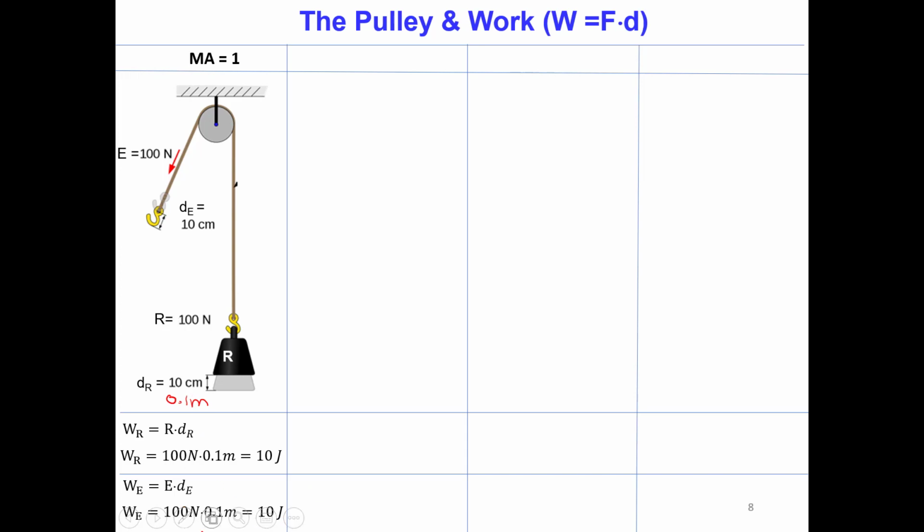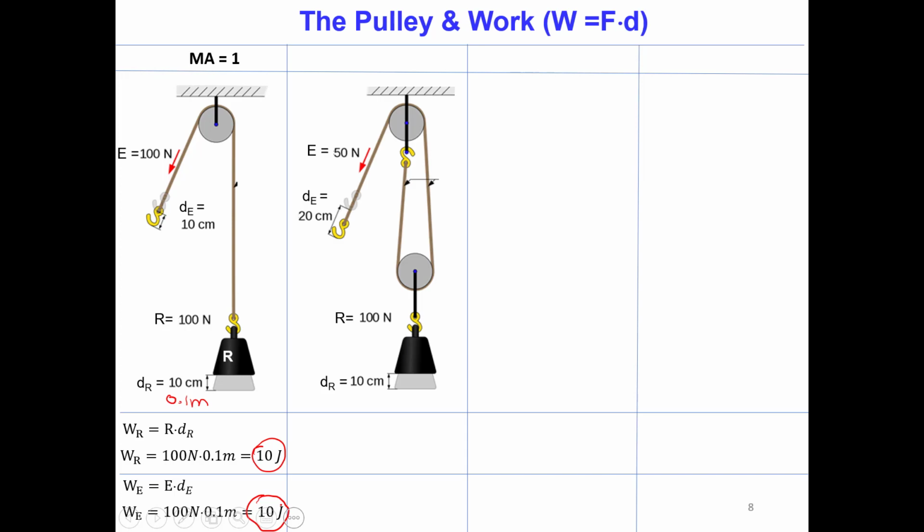Then we can see that if we use this simple machine, the work we need to do is the same, but in this particular case, the effort is not reduced because we know a fixed pulley system just changes the direction of the force. And let's see what happened with the next example.